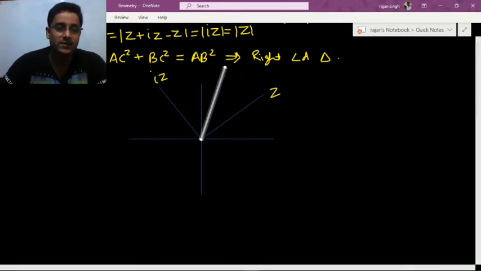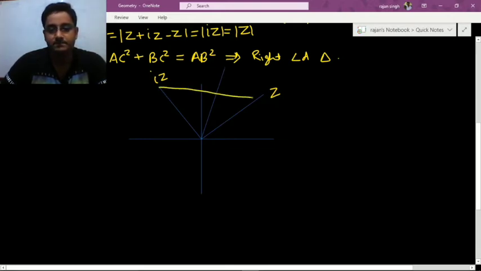Somewhere like this. This thing is z plus iz. You just have to connect them. This was the triangle.